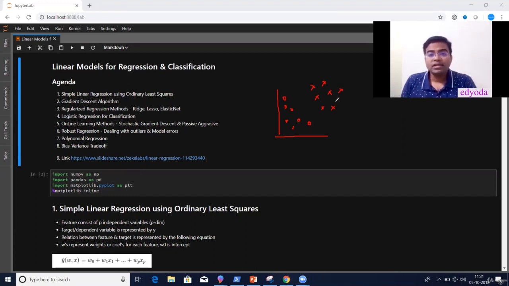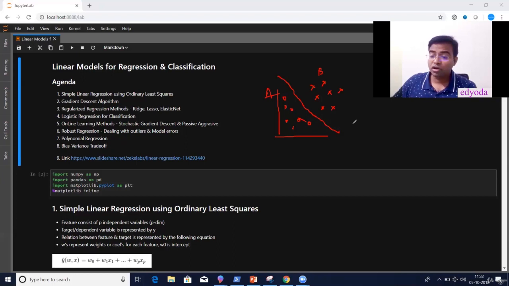When you say the data, class A and class B, are linearly separable, what you mean is that you can draw a line or a plane. A plane is nothing but a higher dimension of a line. A line or a plane which can separate class A from class B. That's what you call linearly separable data.